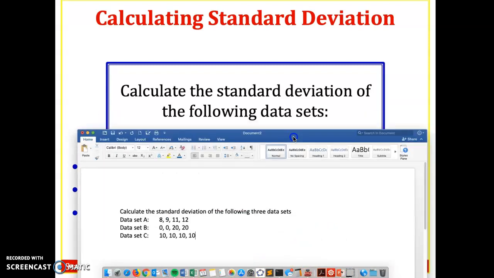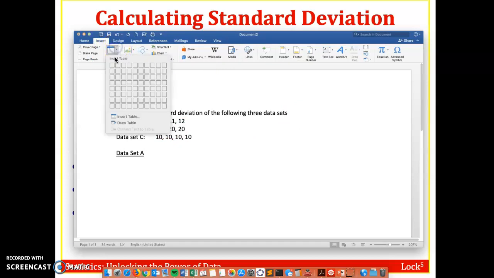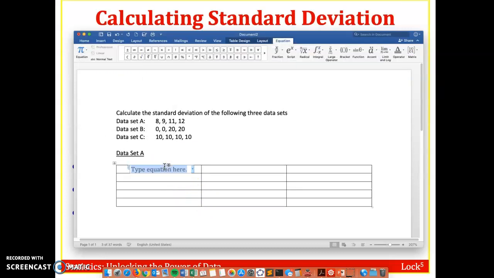All right, so I want to look at this. All right, so for data set A, what I like to do is set up a table. We have 4 data points, so I'm going to create a little table. In this table, I'm going to put x sub i.